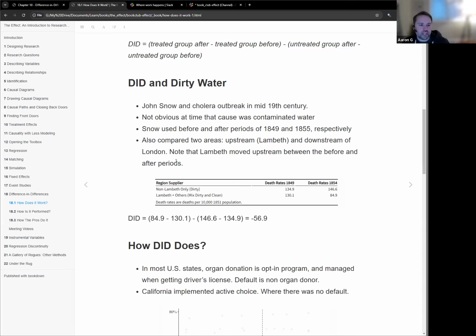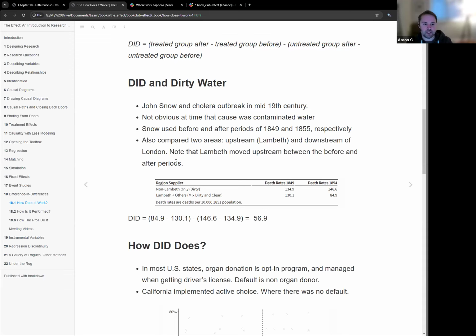And yeah, just a little recap of what was going on there. There was the cholera outbreak, and so he's measuring death rates per capita at two different time periods, 1849 and 1854. But it turns out he had two locations. One was this Lambeth area that moved upstream between 1849 and 1855.